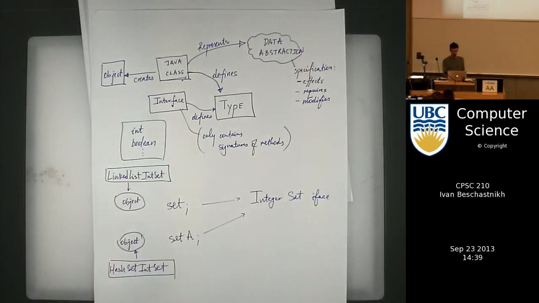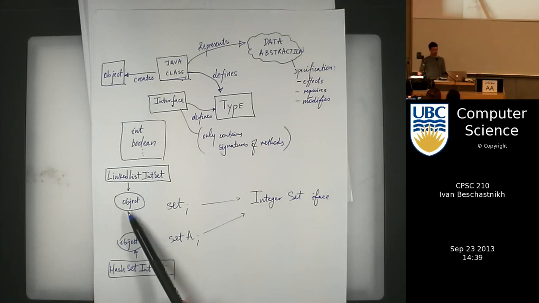And that's really what this new code is, right? When I say new hash set integer set, I just created an instance of the hash set integer set class. So I create a new object, and when I said new linked list integer set with the new keyword, I created another new object. These live in memory. Those are dynamic objects, right?